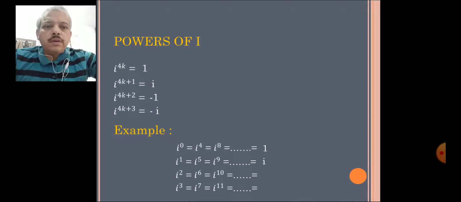Similarly, i to the power 2, i to the power 6, i to the power 10 are all in the form of i to the power 4k plus 2, so it will be minus 1. And the last, i to the power 3, i to the power 7, i to the power 11 are all of the form multiple of 4 plus 3, so it will be minus i.